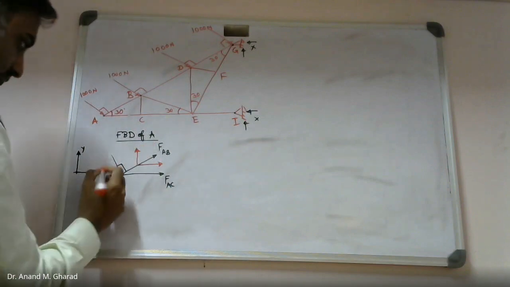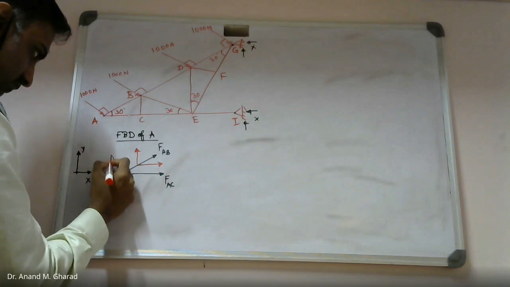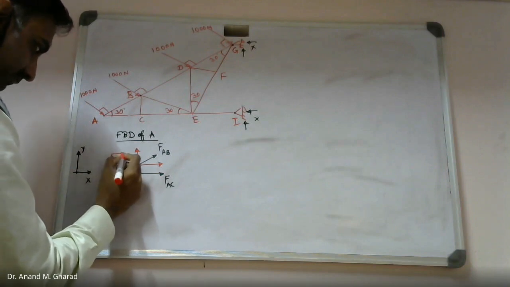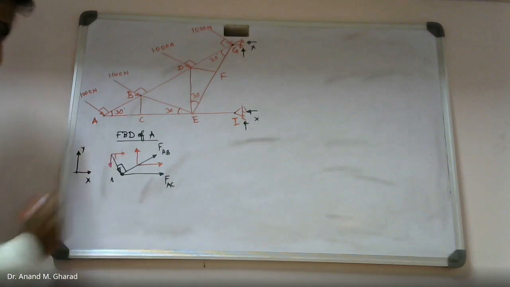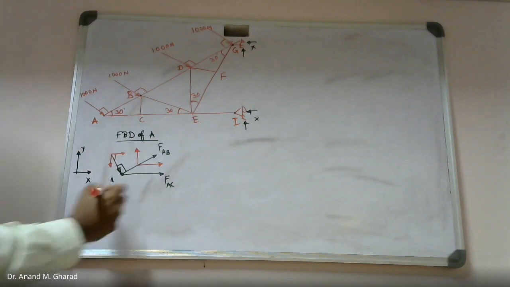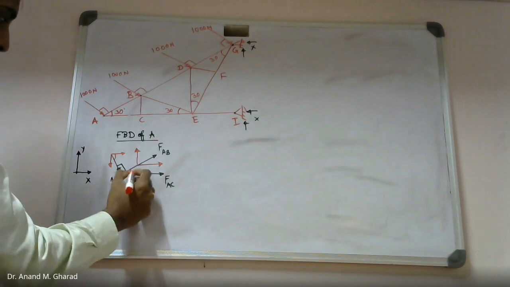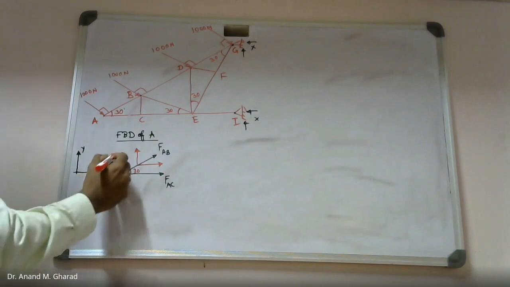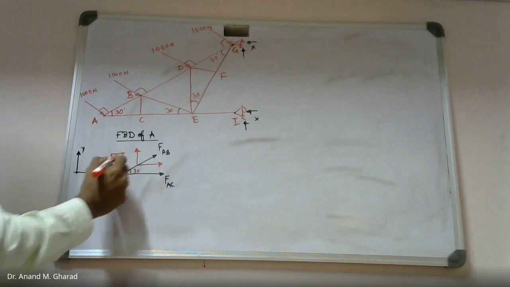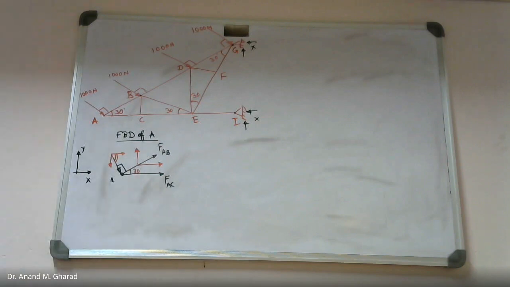So over here, what we observe, these two forces are inclined. Okay. So what will be the value of this angle? Can anyone tell me, please? This is 30 degree. This is given. What will be the value of this angle? Please, all of you, please respond.